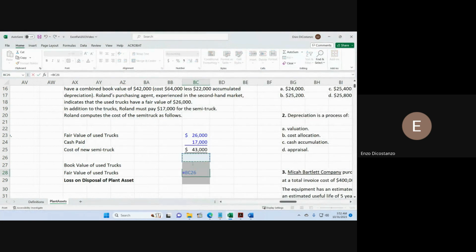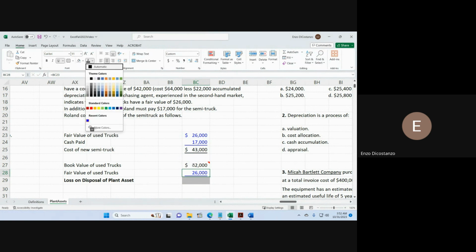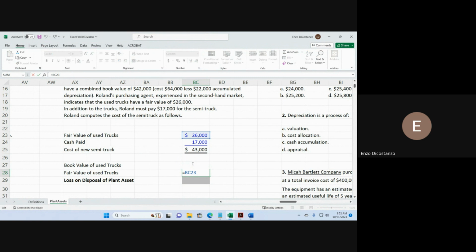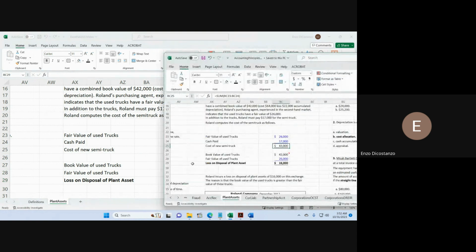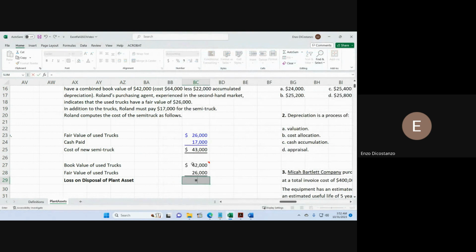And with the fair value of the used truck, so the loss on the disposal, and again, it's all on perspective, obviously, is you're taking these two and subtracting. Okay, that's your 16,000.